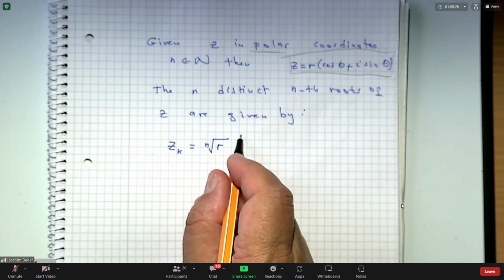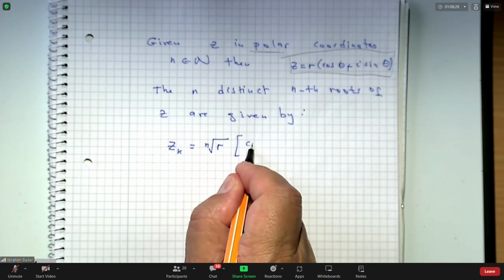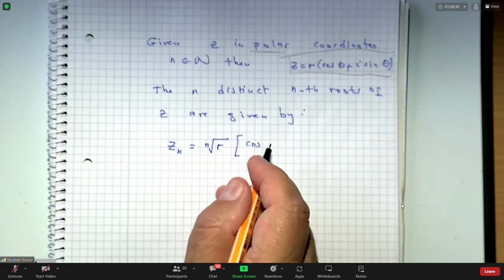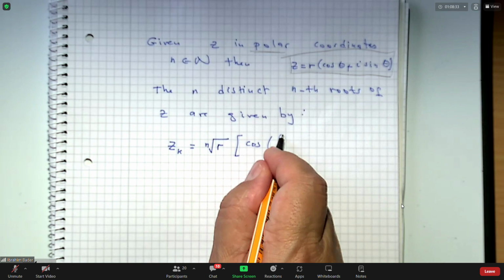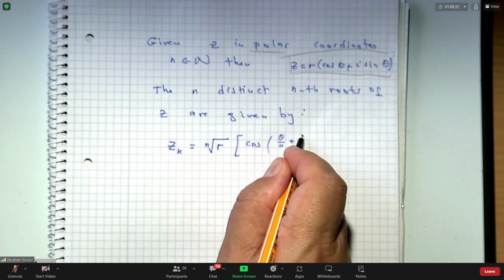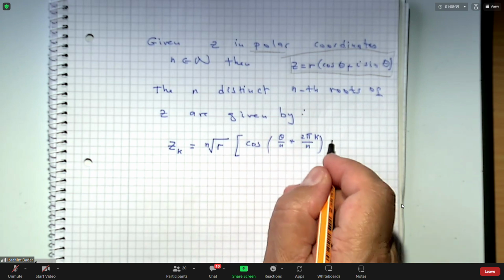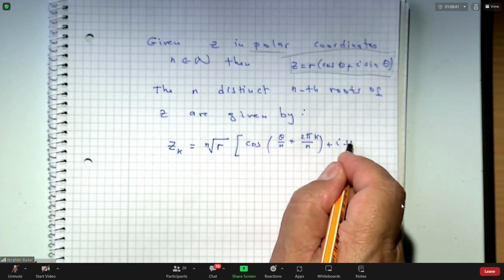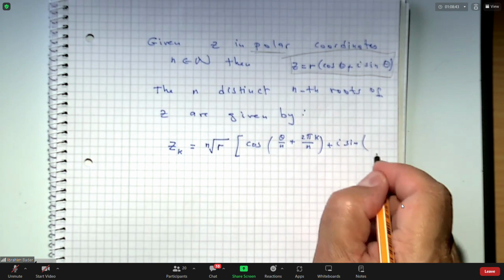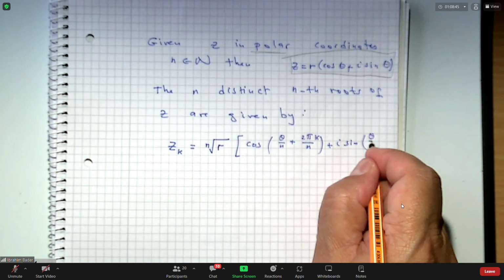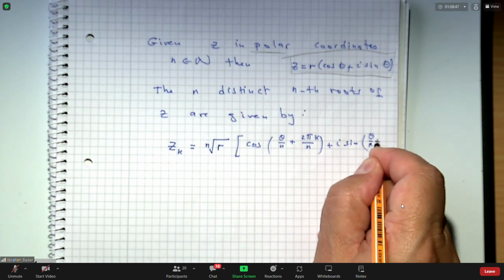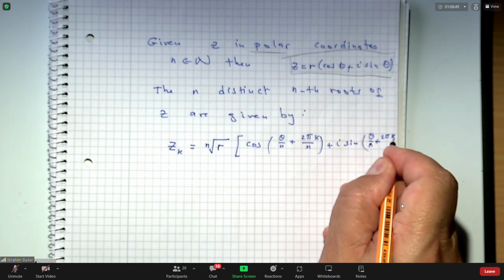And then my angle here, we evaluated in the previous page, is theta over n plus 2 pi k over n, plus i times the same angle.